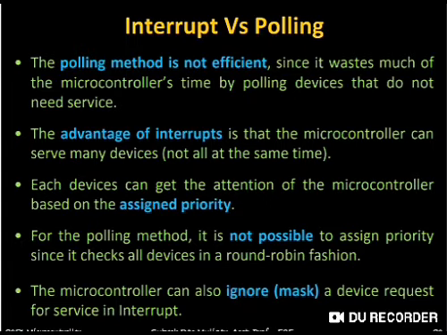This cannot be done using polling. Polling has to be performed sequentially. We cannot randomize it. Whereas with interrupts, if requests for service come together, the priority will decide which is to be served. This is one of the very good advantages of using an interrupt.